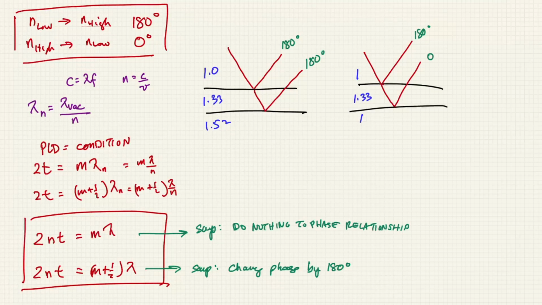Whatever you do, do not lock into your brain that m lambda is constructive. That's only true for the double slit, right? But in thin films, we have to look at the physics of what's going on in the problem and then determine, based on what the equation tells us to do, whether it's the constructive or destructive case. All right.